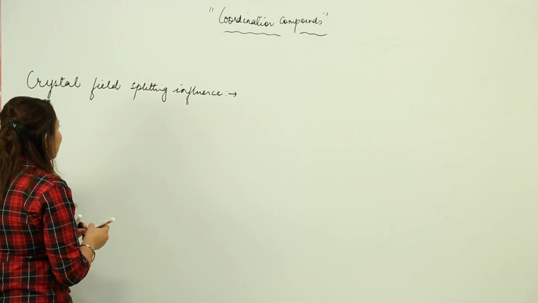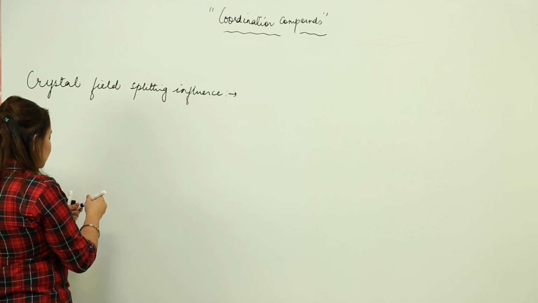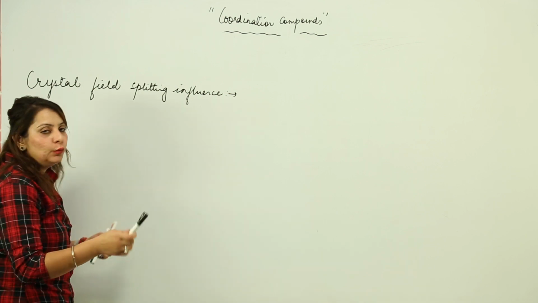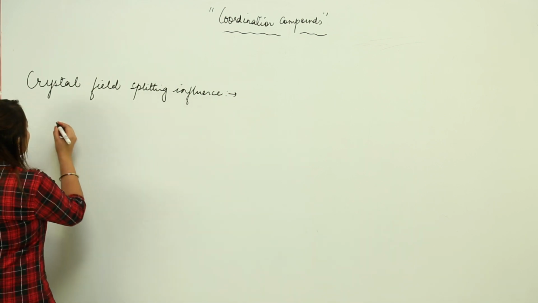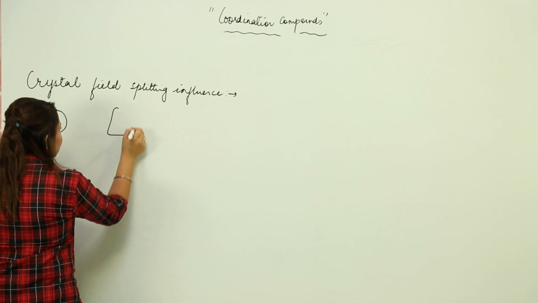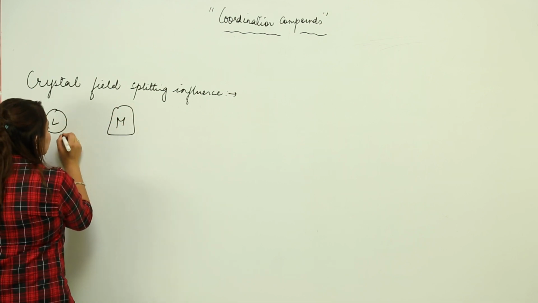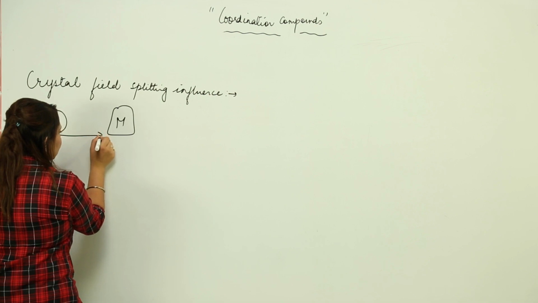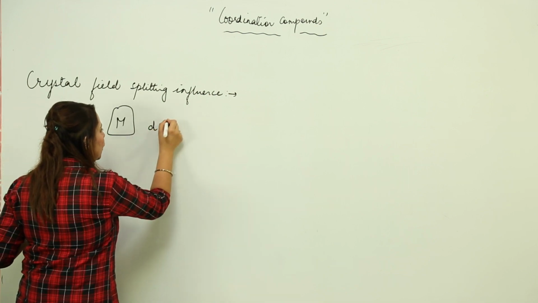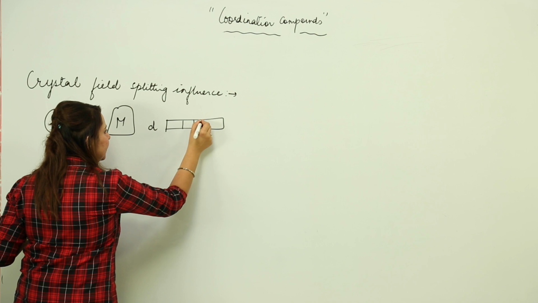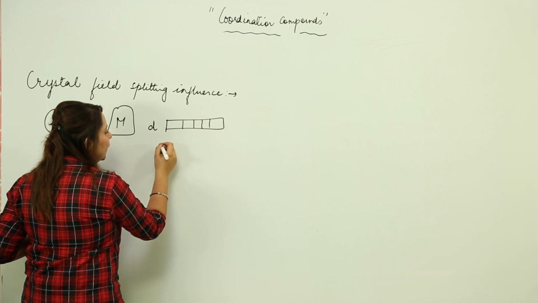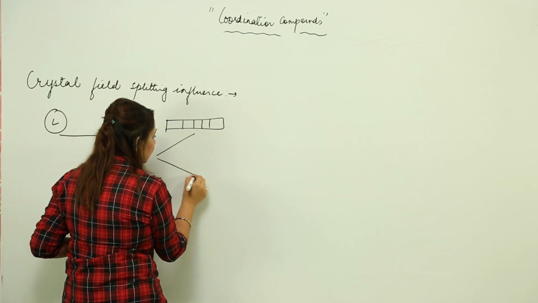Before we do that, you should know what crystal field splitting actually is. As you all know, but still we'll recall it. Suppose this is my metal atom and this is my ligand. When the ligand approaches this metal atom, the metal has d orbitals, which earlier were degenerate, but now their energy gets split, right.